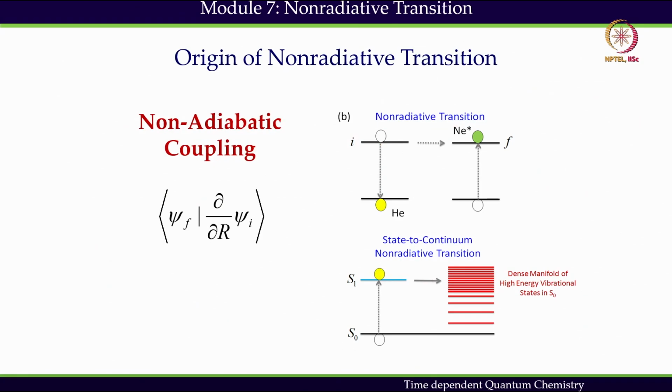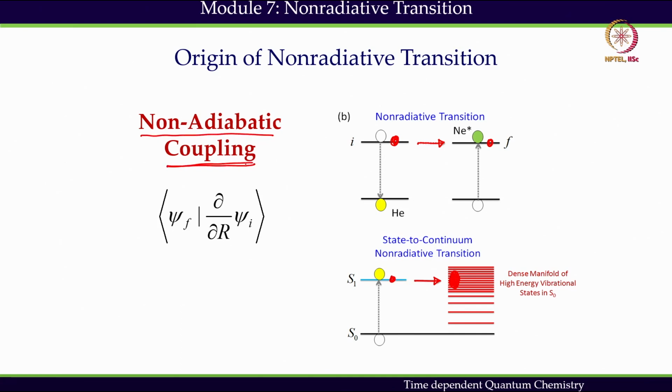Once an excited state is populated, for example through photoexcitation, subsequent non-radiative transition can be state to state or state to continuum, both are possible. This non-radiative transition occurs due to one coupling. So these discrete states, or this state and a number of states here, get coupled via the non-adiabatic coupling term.